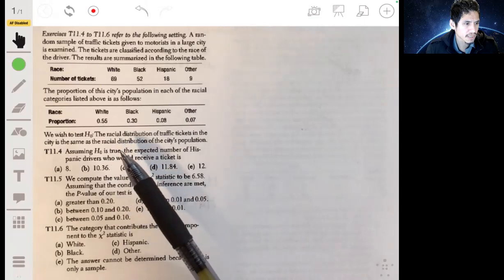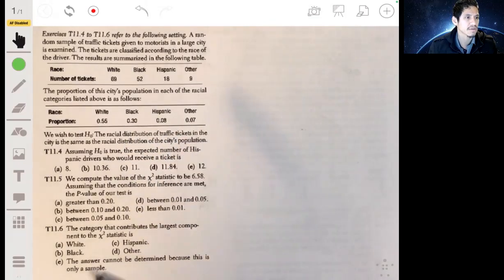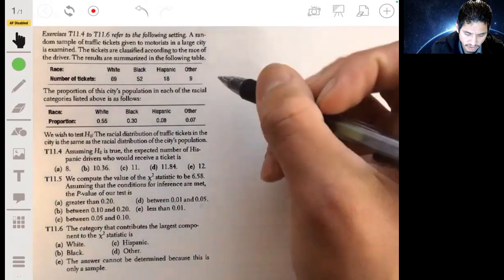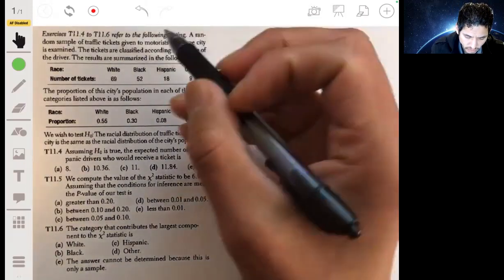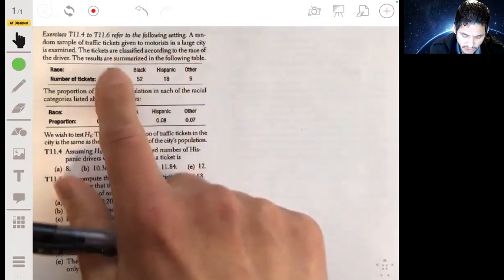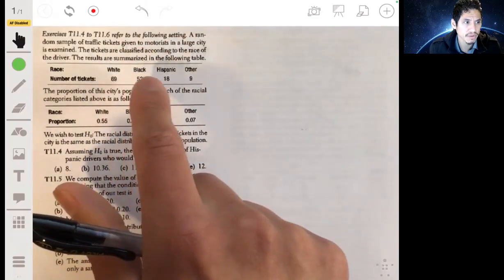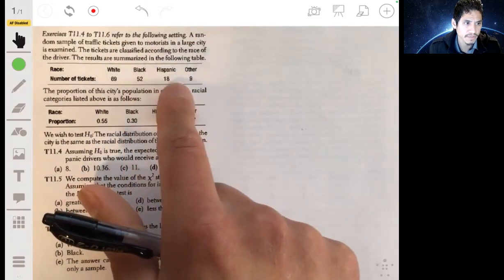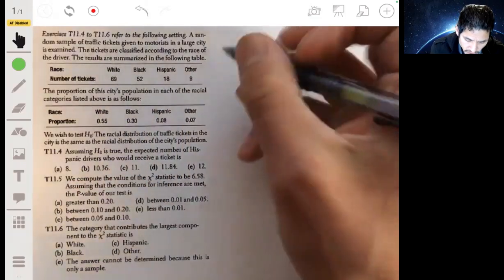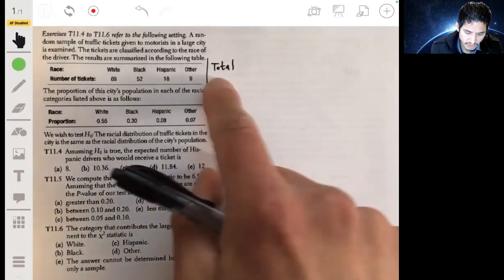If we assume that the null hypothesis is true, the expected number of Hispanic drivers who would receive a ticket is, okay, so the overall idea is to figure out what proportion of this entire group are white, what proportion are black, what proportion are Hispanic, and what proportion are other. So let's make another column here just for the total.